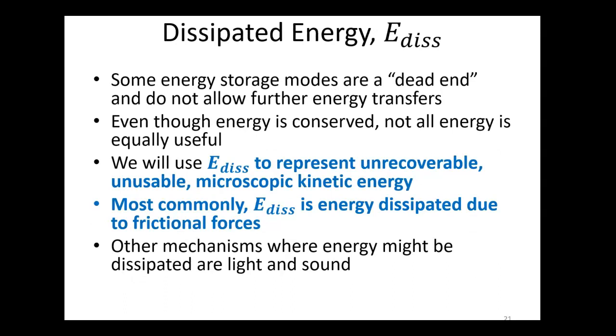And therefore, we call that dissipated energy, or E sub dis. So even though energy is conserved, not all energy is equally useful. And E dis we're going to use to represent this unrecoverable, unusable, microscopic kinetic energy. And most commonly, energy is dissipated due to frictional forces.